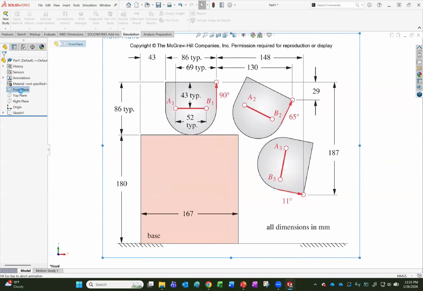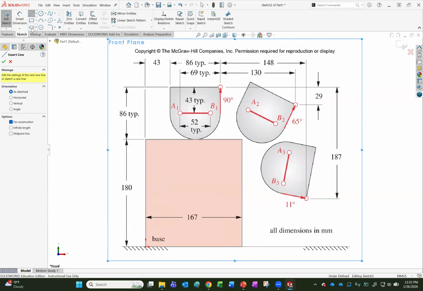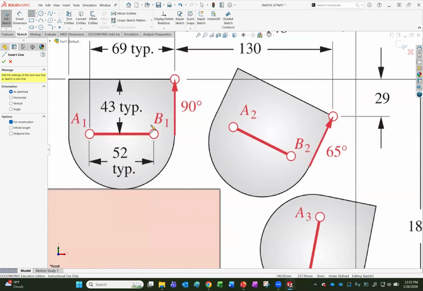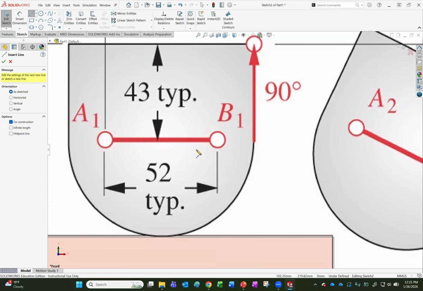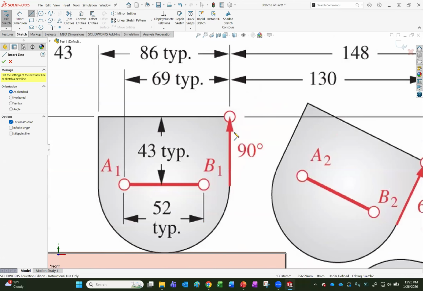I'm going to make a new sketch in the front plane, and I don't have to do the points, but a lot of times I like to. I'd also point out that in some of the math that comes up later and some of the examples, they like to include these precision points right in there and form a triangle off of the coupler, right?